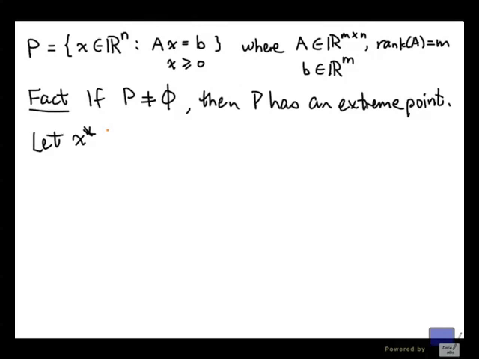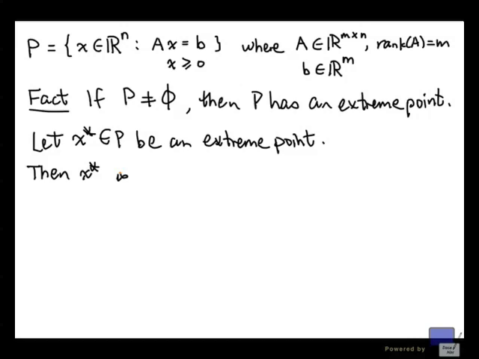So let's pick an extreme point x*. And by a previous theorem, we know that if we look at all the constraints satisfied with equality by x*, when we take those, set them to equality, they will give us a unique solution. Then x* is the unique solution to the following system.